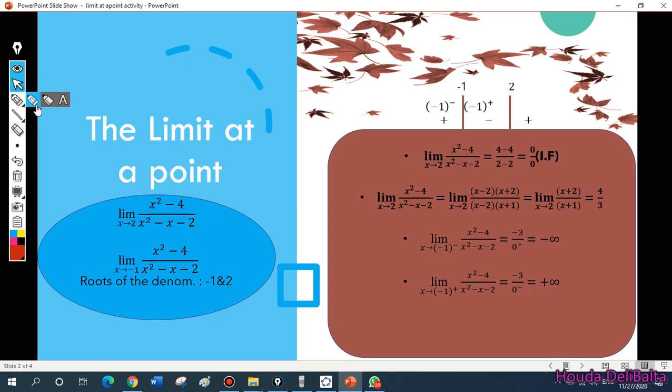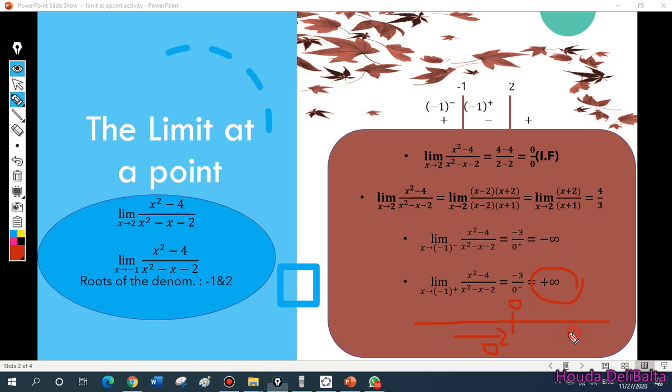What do we mean by 0 minus and 0 plus? If we have 0 on the number line, 0 minus means approaching 0 from the left, so we are talking about a negative number. That's why when we divide minus 3 by 0 minus, which is a negative number, we get plus infinity.